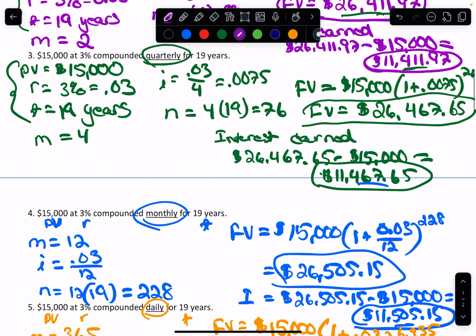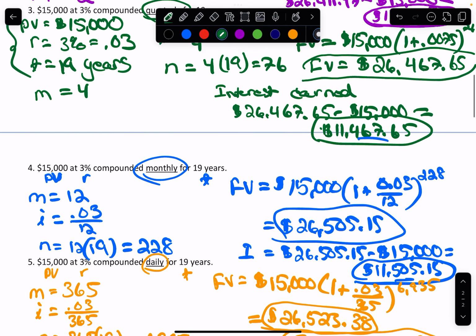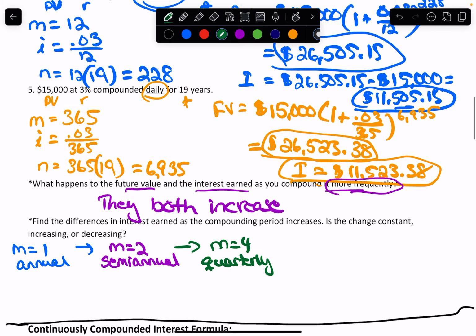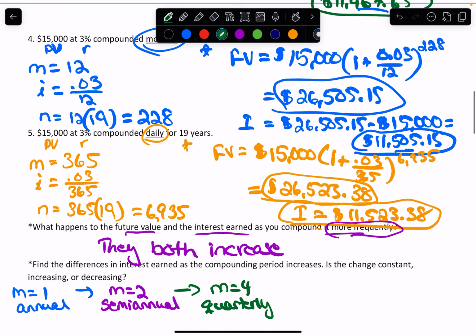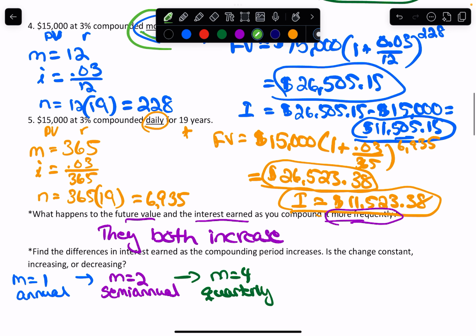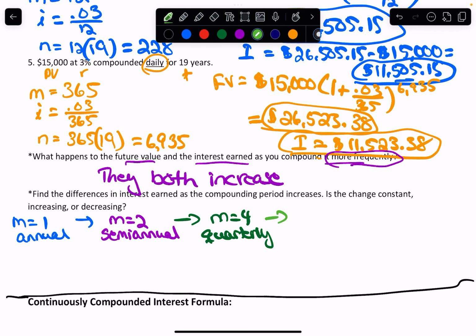Then we went into quarterly. And after the quarterly, we went into monthly. And then our next one was the daily.